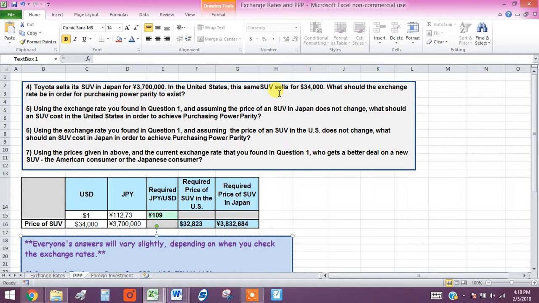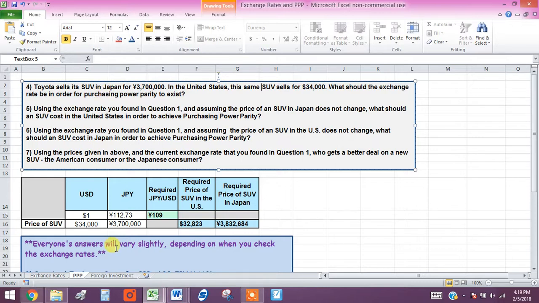In the U.S., the same SUV sells for 34,000 yen. What should the exchange rate be in order for purchasing power parity to exist?